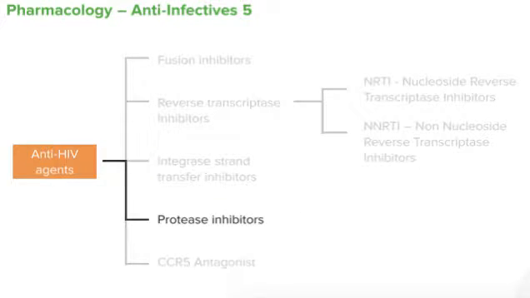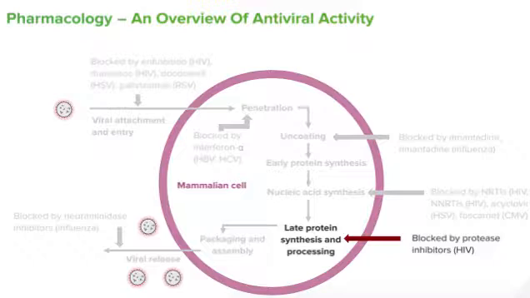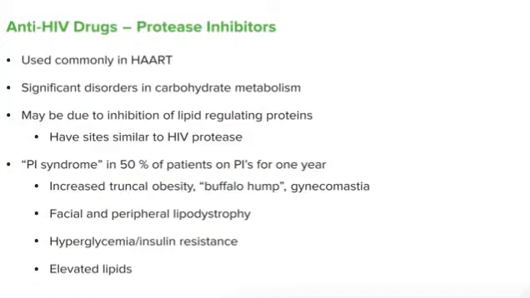Protease inhibitors. Protease inhibitors function on late protein synthesis and processing. Protease inhibitors are used commonly in HAART. They can cause significant disorders in carbohydrate metabolism, which may be due to inhibition of lipid-regulating proteins.